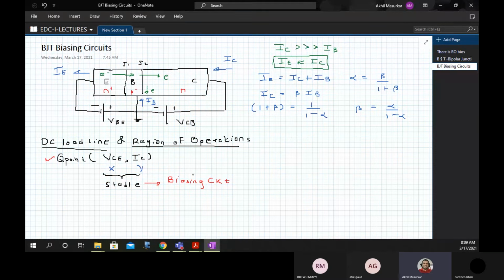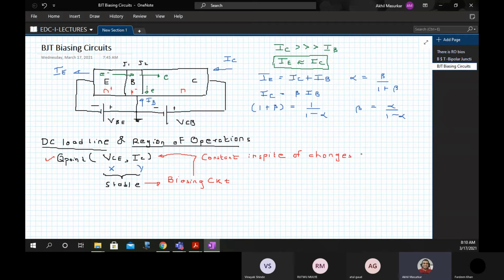Now this biasing circuit ensures that VCE and IC are constant in spite of changes in beta. Why can beta change? Beta can change with temperature.